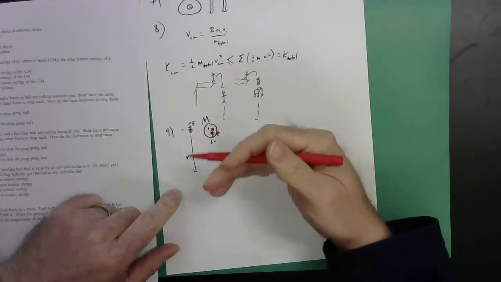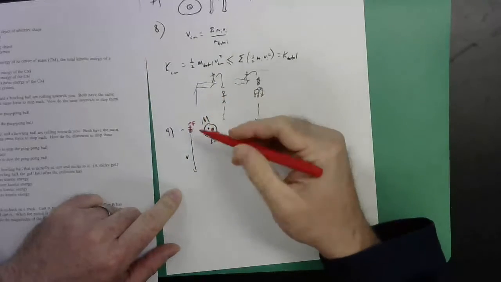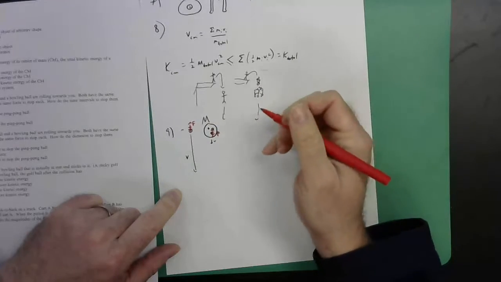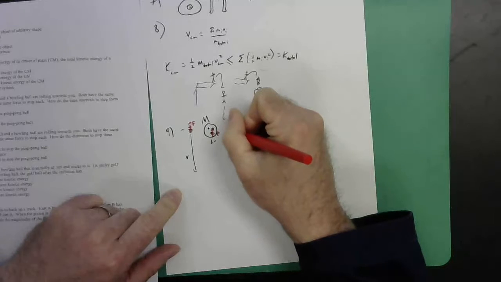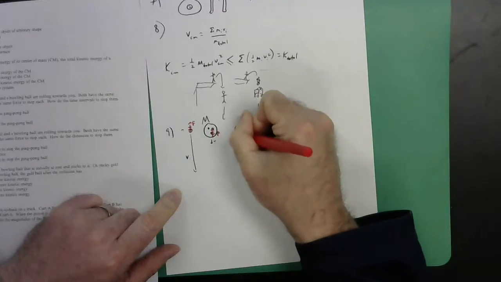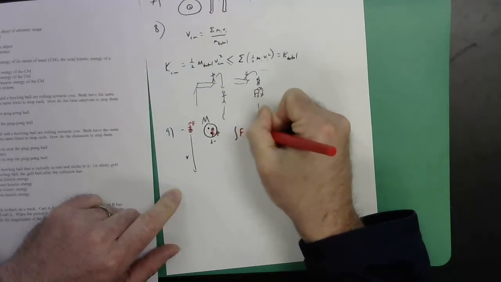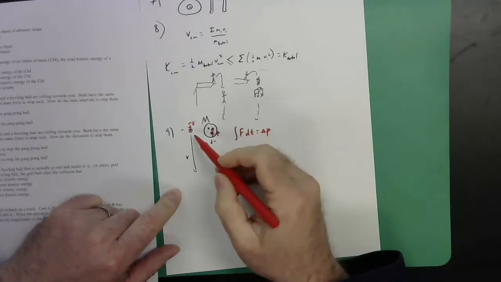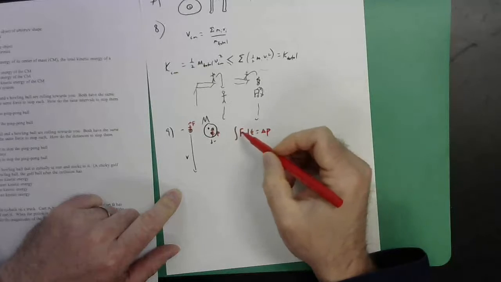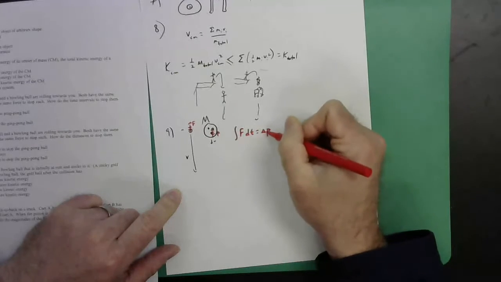If I think about stopping them, I'm applying a force and changing their momenta. This should call to mind the most important formula in this unit: the impulse is the change in momentum. Both of these have the same starting momentum, and they both end with a momentum of 0, so they have the same change.